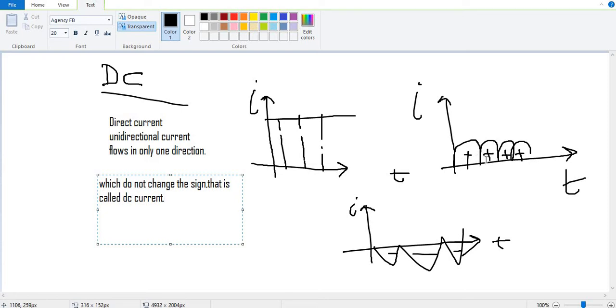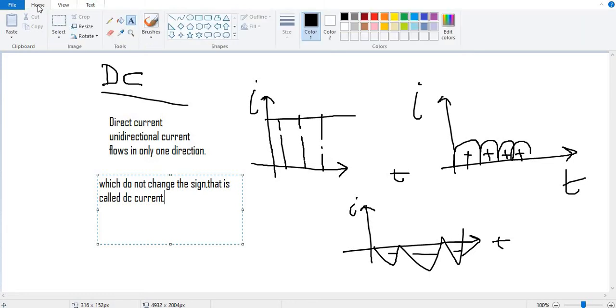It is not going to negative. It does not change the sign. If it is in positive, it stays positive only, and that is called DC current. If it is in negative, it should stay in negative only. It should not give positive. This is the difference, this is the DC current.